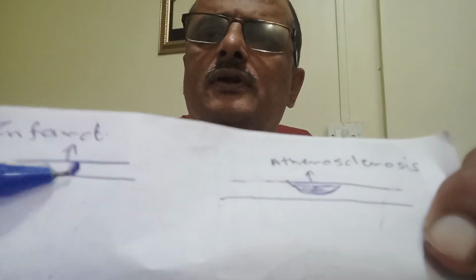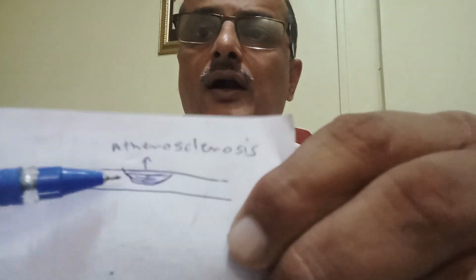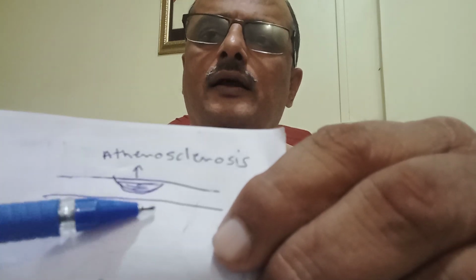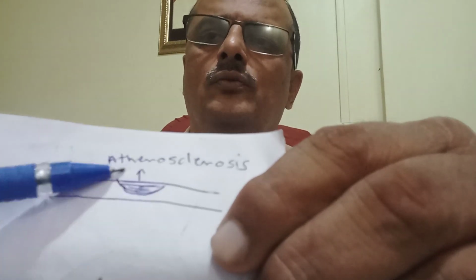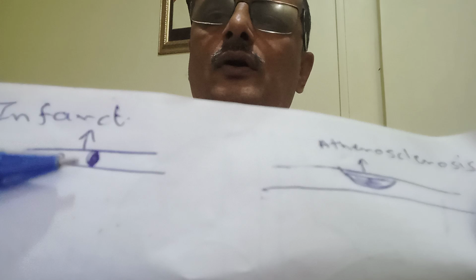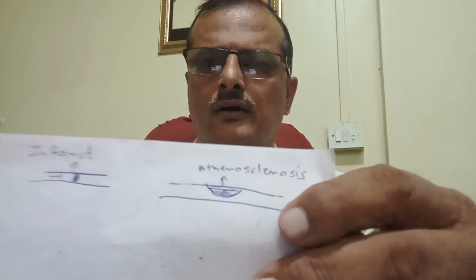What is the difference between these? This is a complete obstruction when there is an infarct, and this is a partial occlusion, at this stage until it occupies the whole lumen of the blood vessel. Now, when there is an infarct, you have to penetrate the obstruction of the blood vessels. I have told you that.